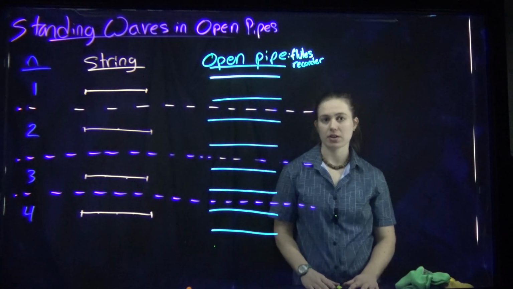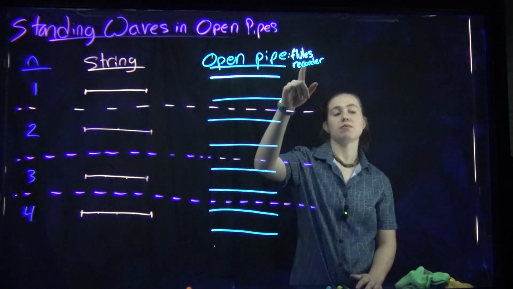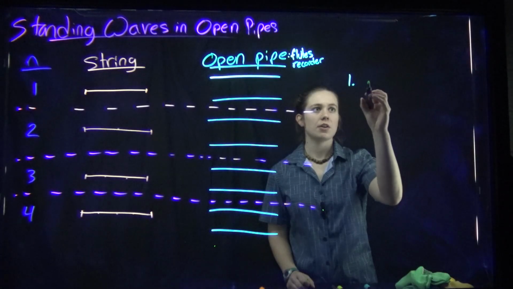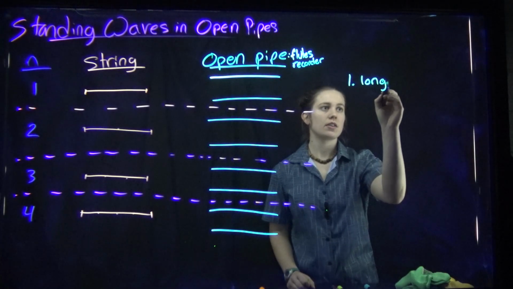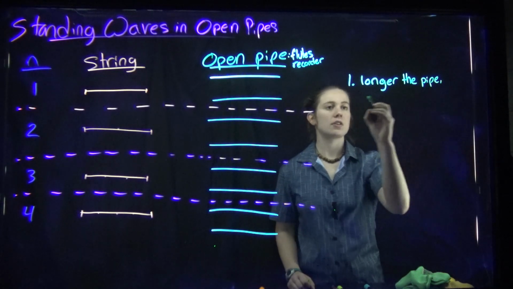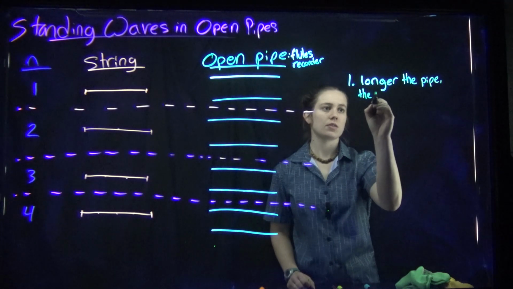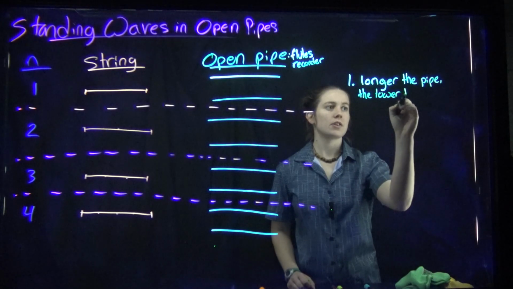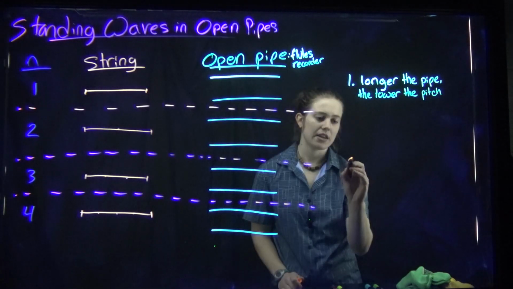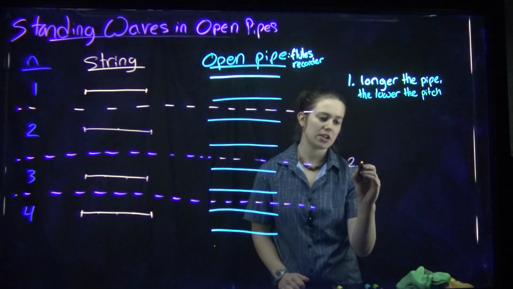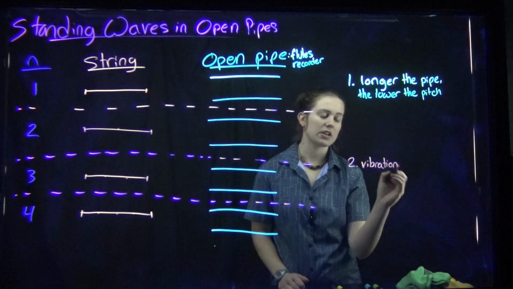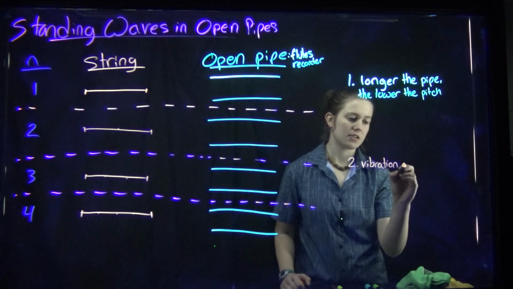So open pipes are used in musical instruments, often in flutes and recorders. With all pipes open and closed, the longer the pipe, the lower the pitch, and then the vibration is going to be at the open end.